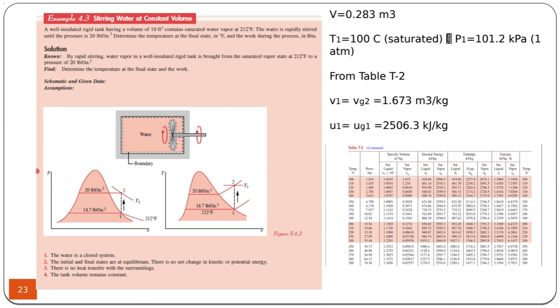So by adding this energy as work, its temperature is increased, as we expect, as well as the pressure is increased. Why does the pressure increase? Because it's a closed tank, so it cannot expand. Because it cannot expand, the pressure must increase.